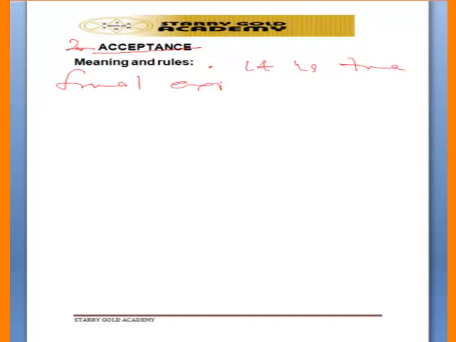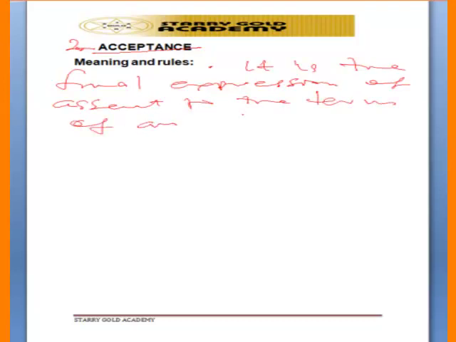That means it is the statement, the move of the offeree to accept the proposal of the offeror. So that is acceptance, the final expression of assent to the terms of an offer. And where there is an offer and there is an acceptance from the offeree, then the contract is established.